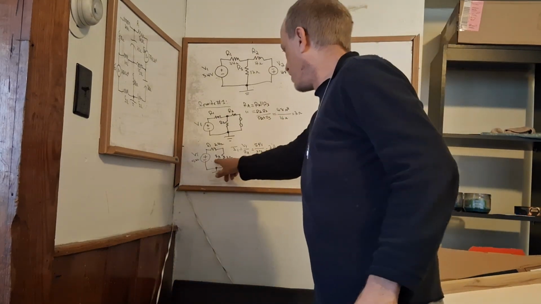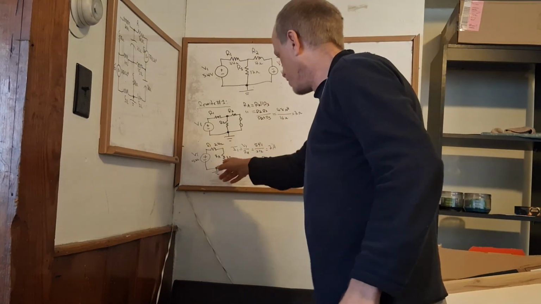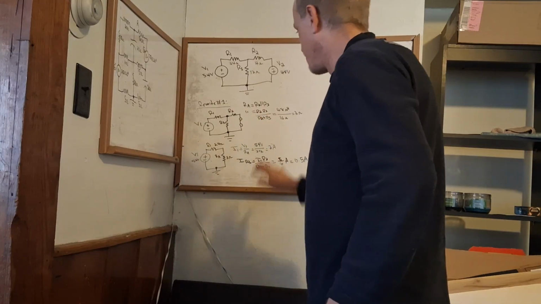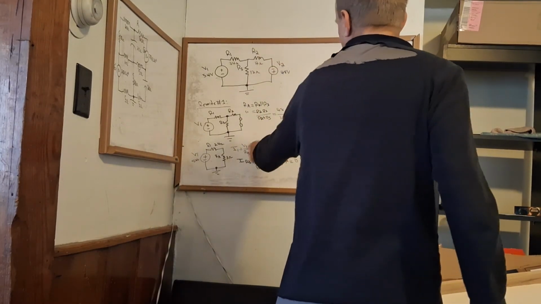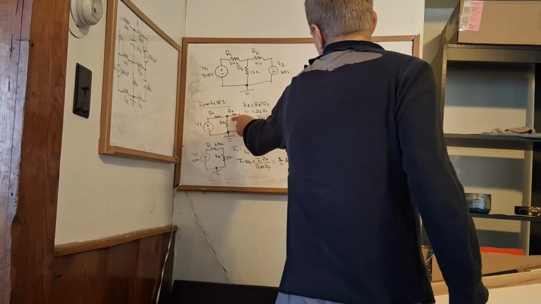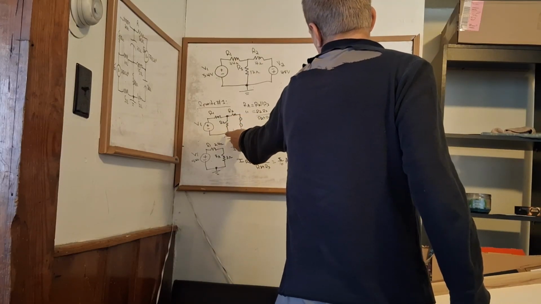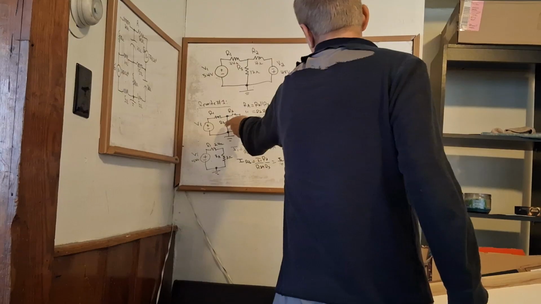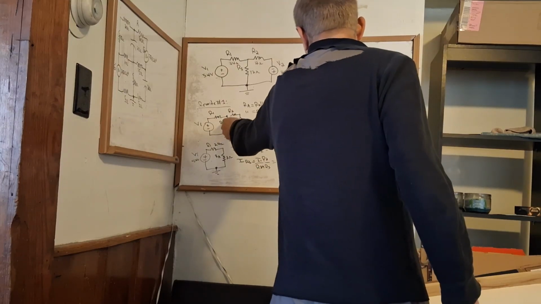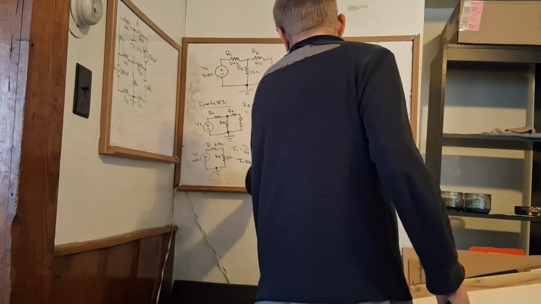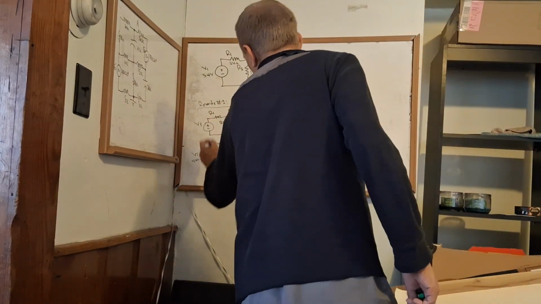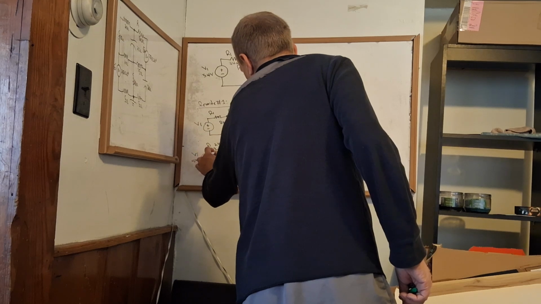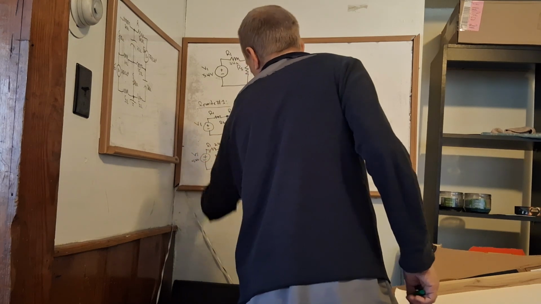I was thinking R sub A, the total equation. Nah, that's just ridiculous. With the current divider formula, I'm multiplying by the opposite load that's in parallel to get the value of current that's flowing through this, but I have to add these two up on the bottom. So we get 0.5 amps. That's what's going through this element right here. And we can mark the polarity like so.